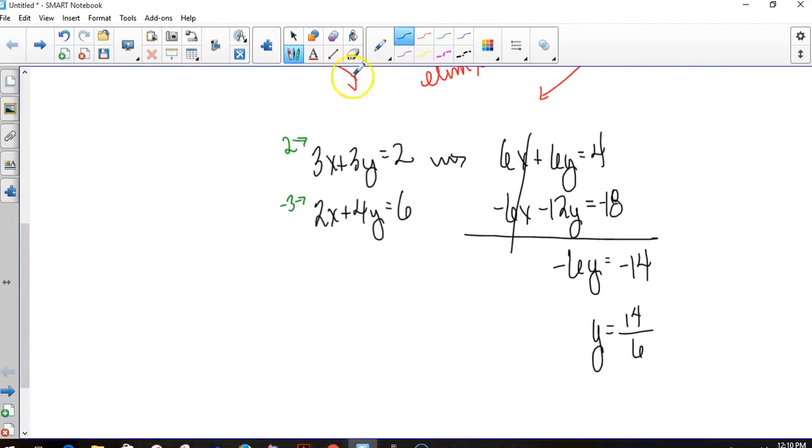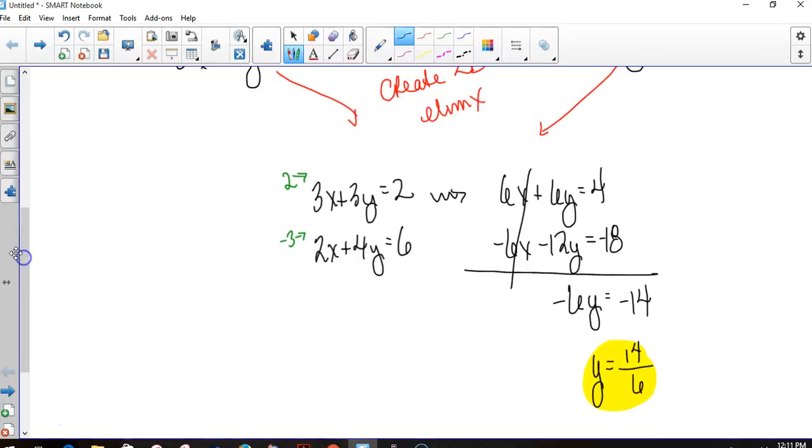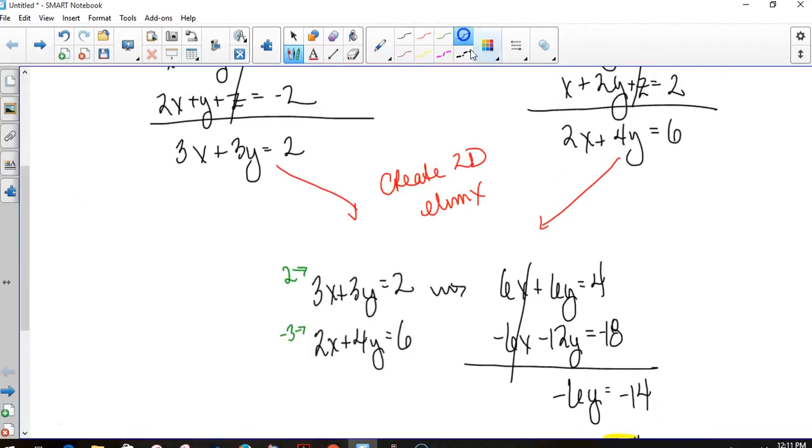I need to take my y value and now work my way back up. So I'm going to pull this 7/3 up to this and say, okay, well, if y is 7/3, then 2x plus 4 times 7/3 is equal to 6.